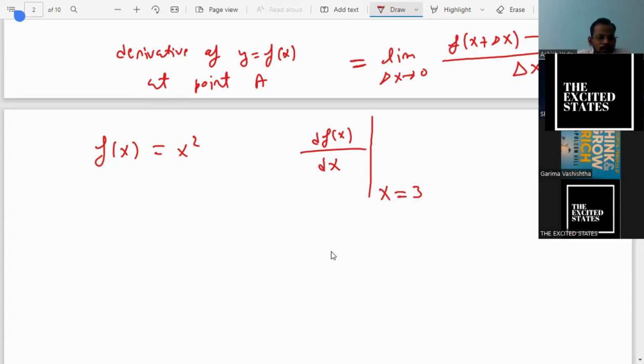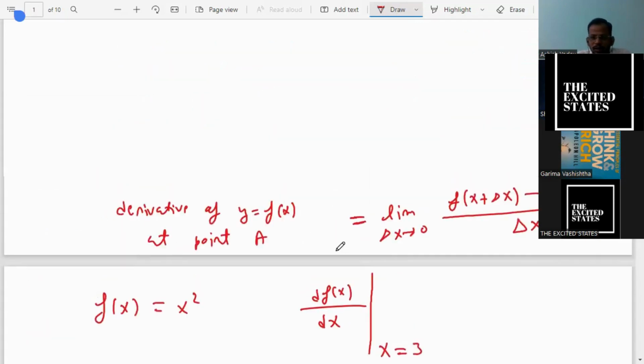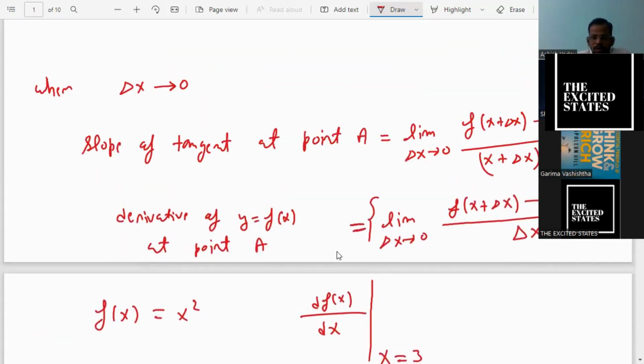So I will write the definition of derivative, that means differential of f of x over differential of x. This is the definition of derivative, so I will use this definition to find the answer for this question.